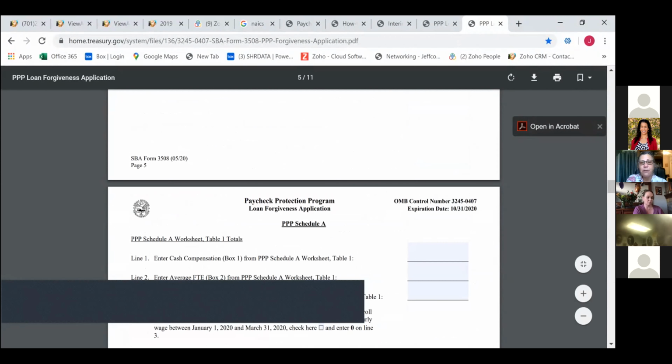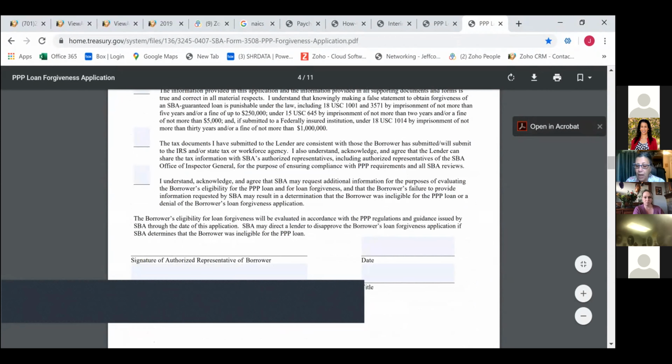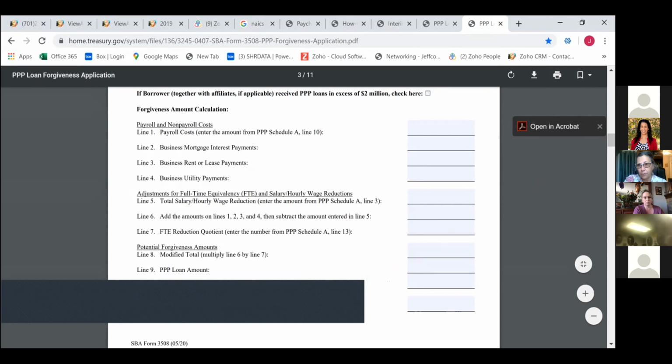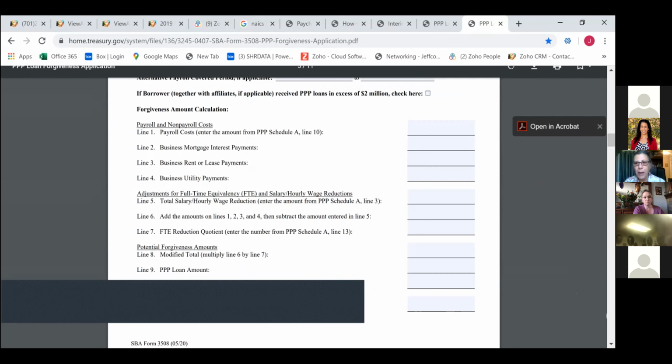So you'll see right here, it will ask you for line 1. This is page 3. There we go. So the worksheet I was looking at on page 9 is now getting filled out on page 3. What you don't have is if you paid any business mortgage payments.